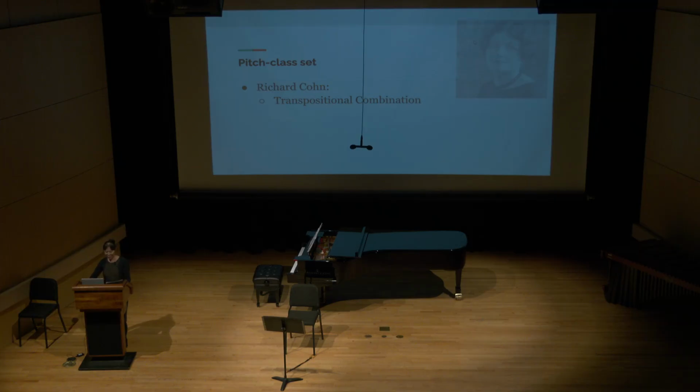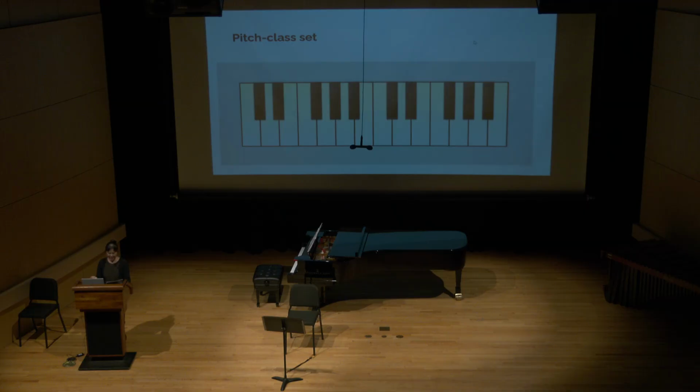Here is a brief explanation of the pitch class set. You can see a keyboard here. We can select any note as the starting point and label it as 0. Then we label the note that is 1 semitone away from it as 1, and 2 semitones away as 2, etc. We get a series of numbers up until 11 before it gets back to the note in different octaves.